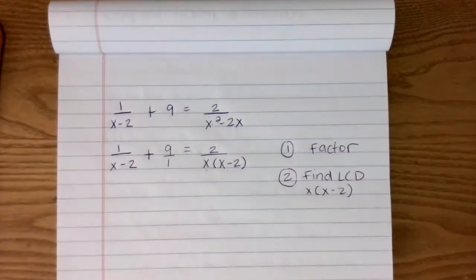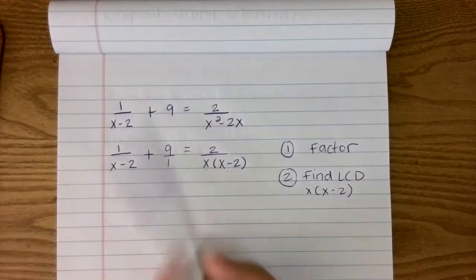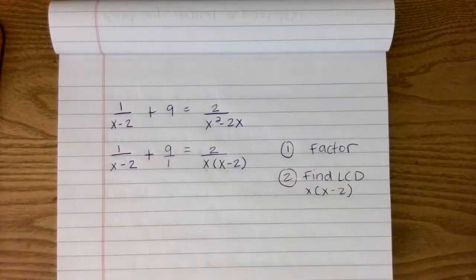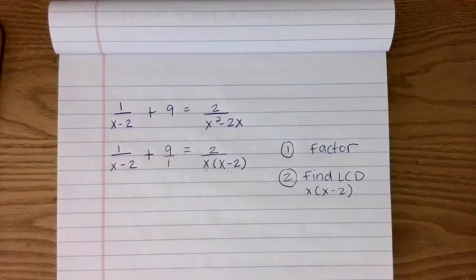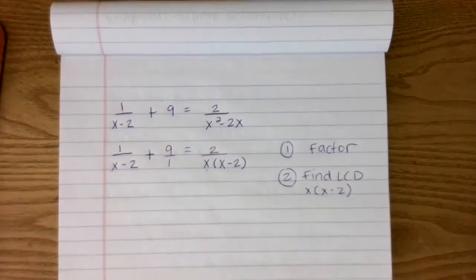Now, I don't actually get the denominator for each one. What I do, and it's kind of up to you at this point, this is what you typically see in the explanations too, so that's why I'm going to stick with it, is you multiply every term by your least common denominator. And in doing that, it gets rid of your denominator automatically.